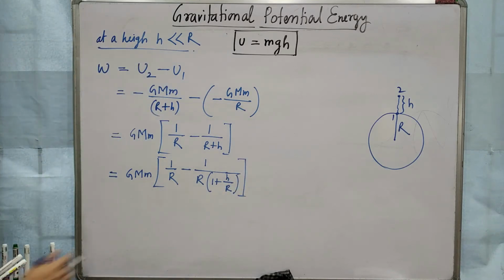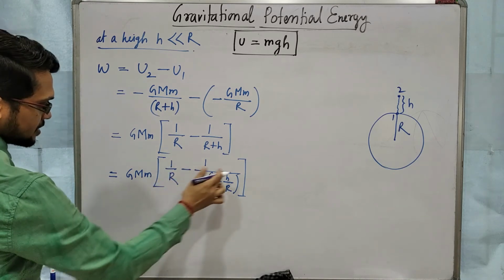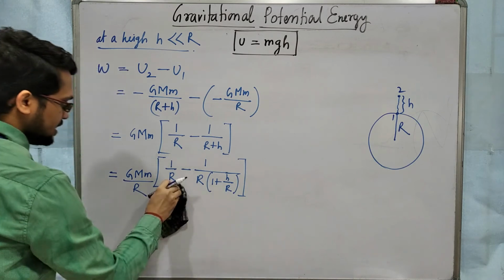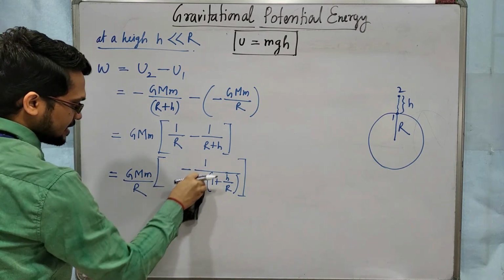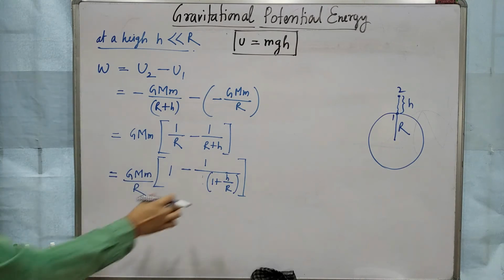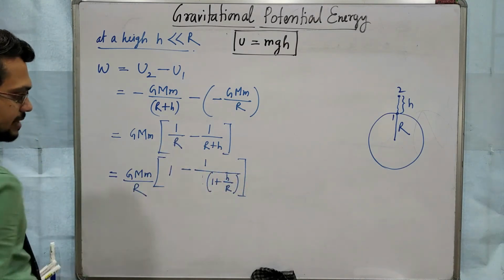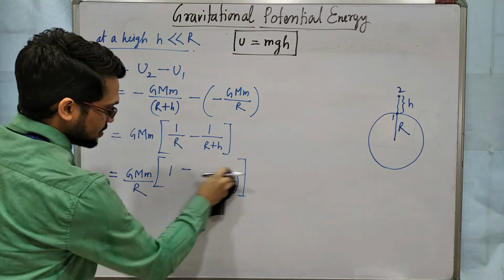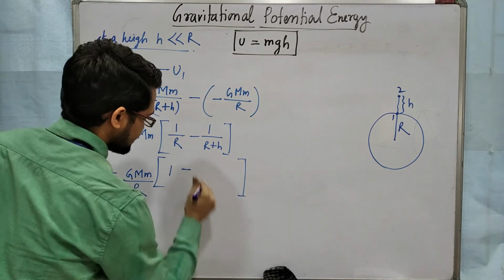Clear? Now again take 1 by R common from these two terms. So 1 by R common, R comes out. Here you will get 1 and here you will get this term. Take this quantity to the numerator, the power will be minus 1. So 1 plus h by R to the power minus 1.